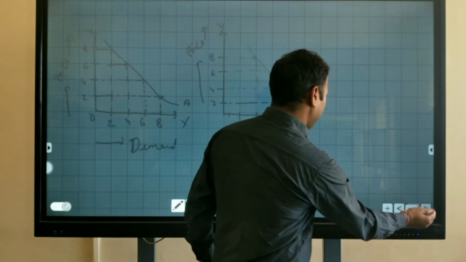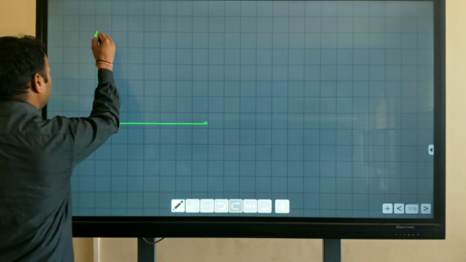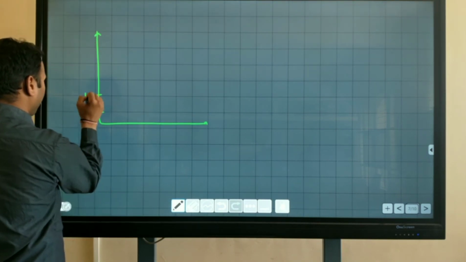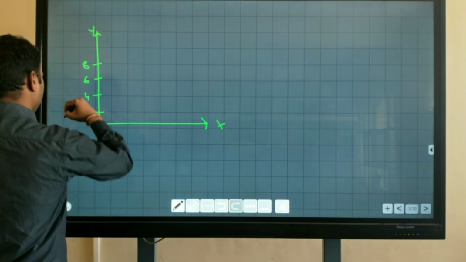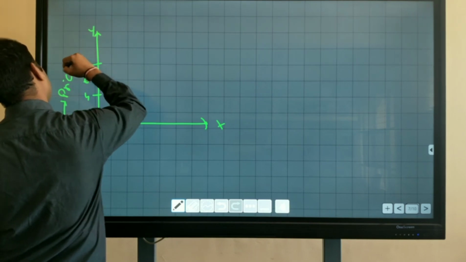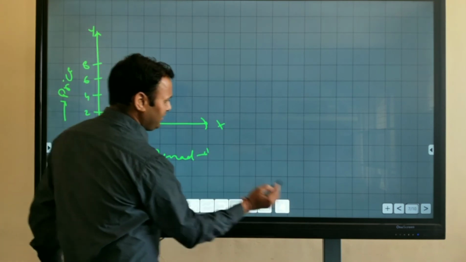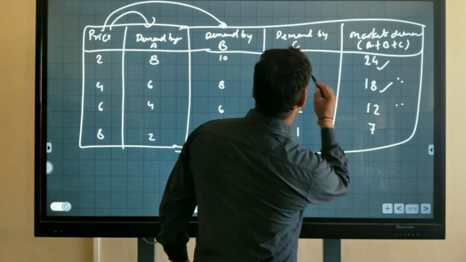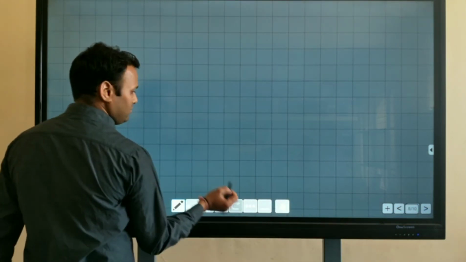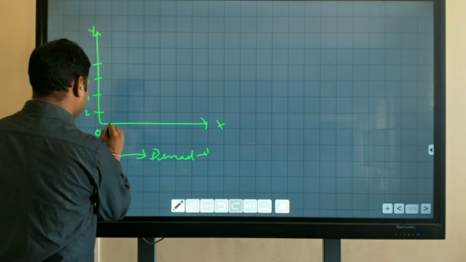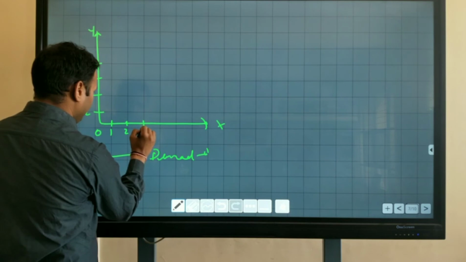Now the demand by C. Price is 2, 4, 6 and 8. This is the price line and this is the demand line. Now demand by C is 6, 4, 2, 1. So you just write 1, 2, 4.